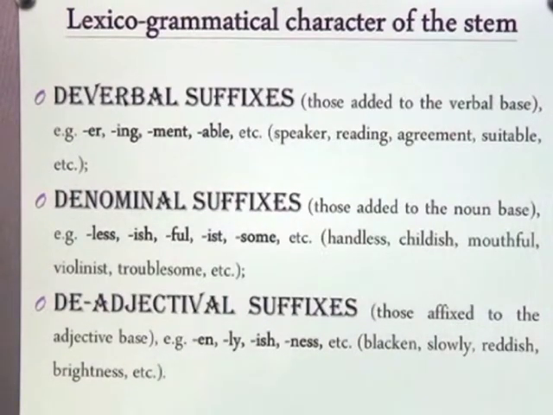And here you can see the examples: handless, childish, mouthful, and etc. The adjectival suffixes, those affixed to the adjective base: en, ly, ish, ness: blacken, slowly, reddish, and etc.